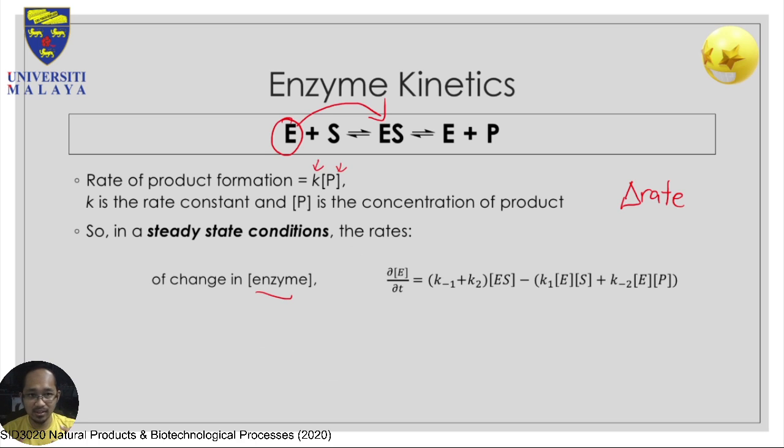So what you say here is the loss of the enzyme. When you consider the rate of change of just the enzyme, we're not going to talk about E and S, because the enzyme substrate complex has another rate of change. Individually you can have the rate of change of E, the rate of change of S, the rate of change of your ES complexes, and finally the rate of change of P. Why do you consider this?